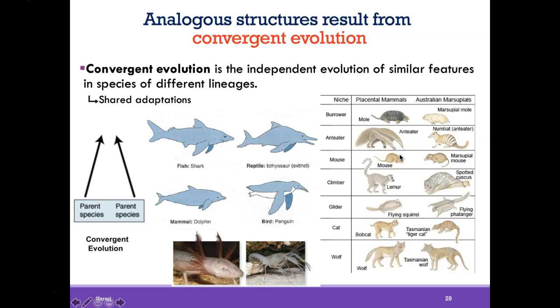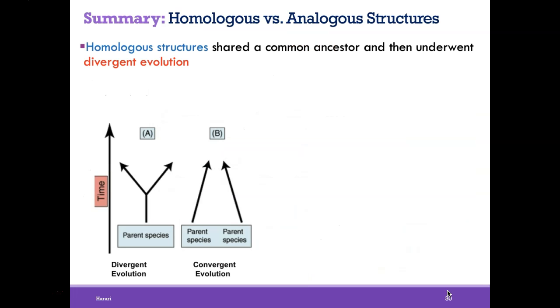So a marsupial mouse and a mouse are not related, but both of them ended up looking like this because clearly the environmental conditions in both, let's say, North America and Australia favored a long tail and big ears and short fur and so forth. I hope those examples make sense. Convergent evolution is independent evolution of similar features in species of different lineages. All of these features look similar, but they come from different lineages. They both converged to look more similar.